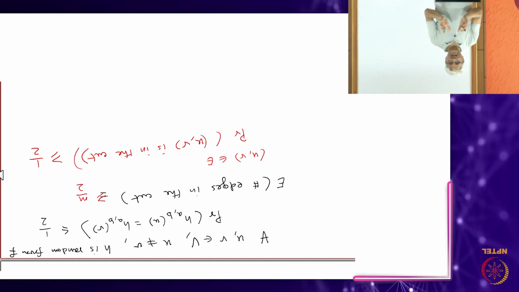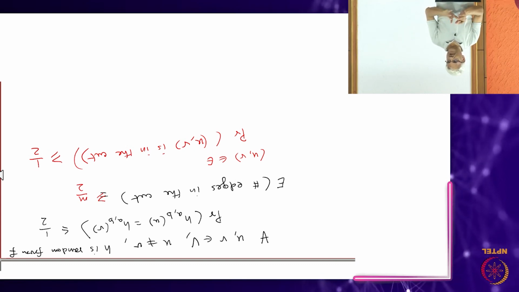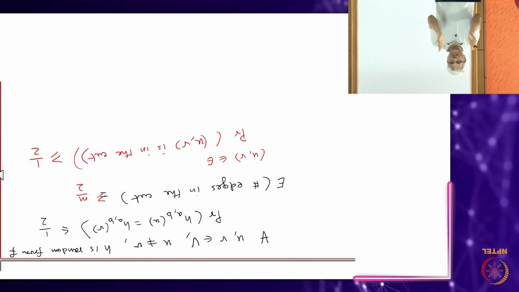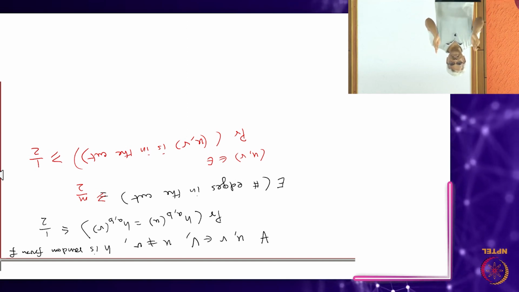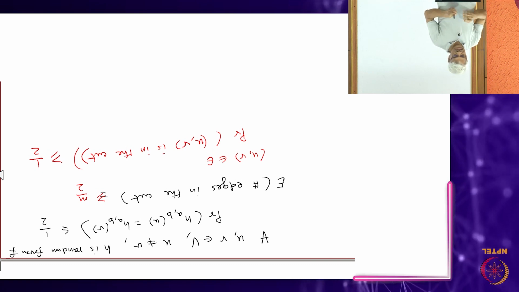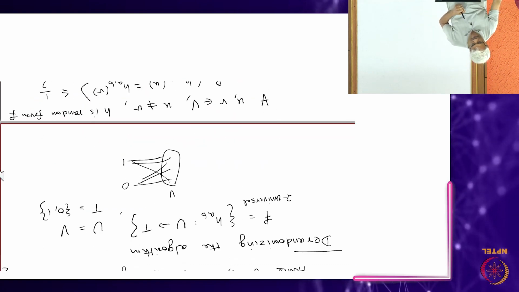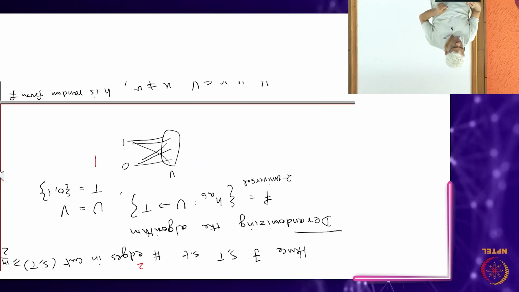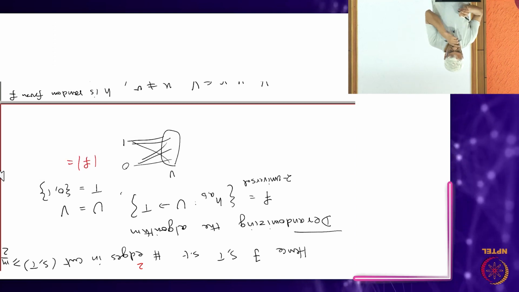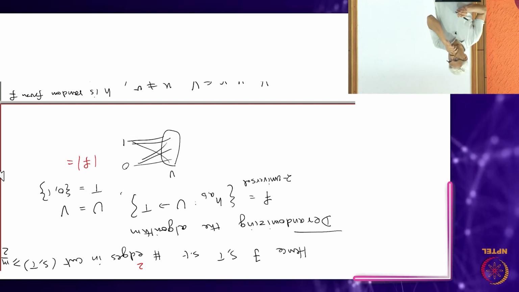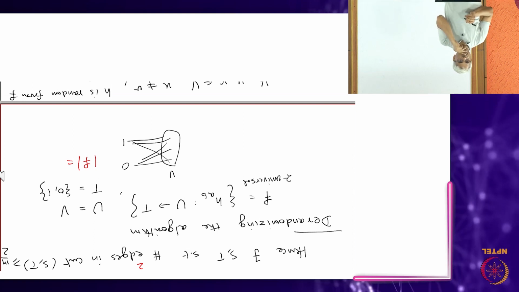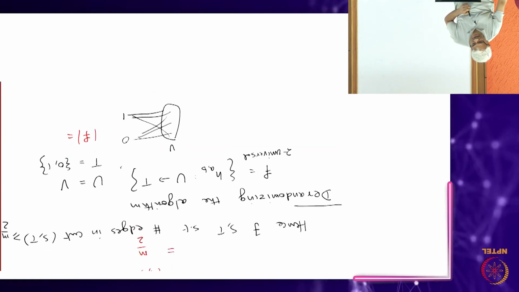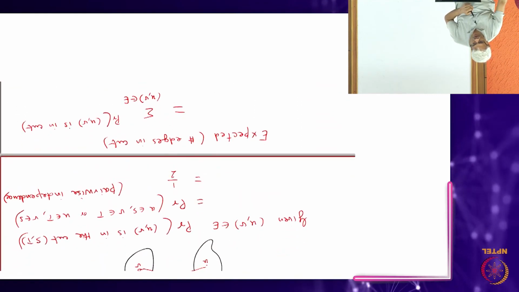This is not yet de-randomization. It's still a randomized algorithm because I picked a random hash function from this family. But the nice thing about this family is that its size is small. What is the size of this family? Let's go back here.